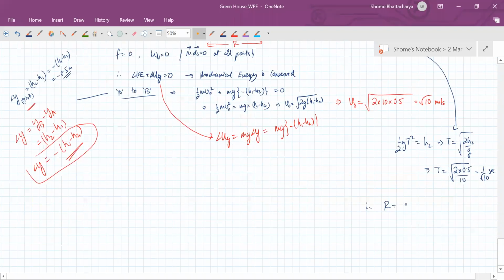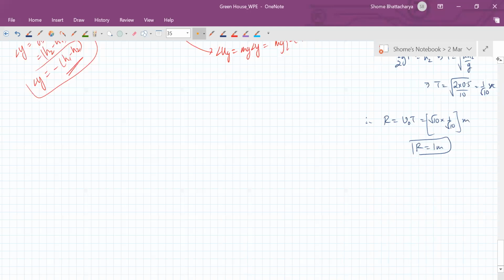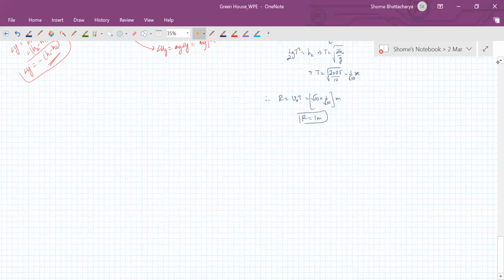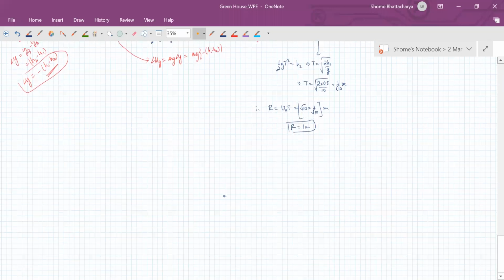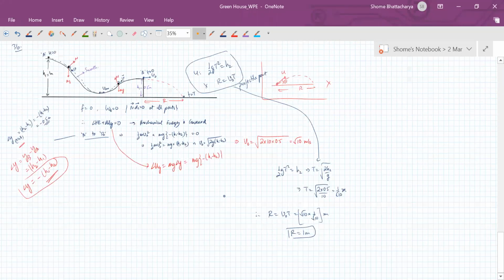So the range will become root 10 into 1 by root 10. That's why the range will be 1 meter. Okay. So while work energy is helping you to find v naught, to find the range, you have to use the projectile motion concept over here. Work energy is not going to give you the range. You have to use the equation of projectile motion for horizontal projection from a height. This is the method that we use.